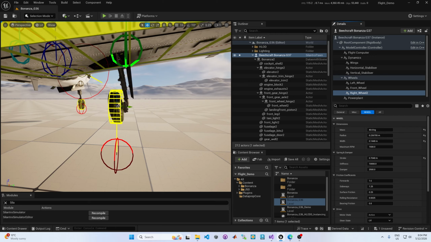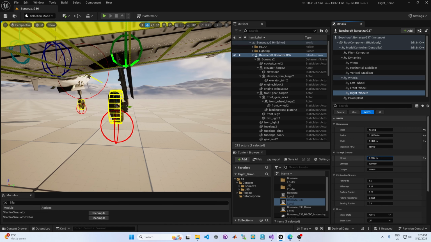Here, when it gets to the exact point of the wheel, it's maximum compression, and when it gets to the center of this red sphere, it's maximum extension. So by setting it at 0.7 meters, I'm telling the system my hydraulic piston can move 0.7 meters from max bottom down to maximum extension. You can make an educated guess for this as a function of the physical mesh that you're setting up.